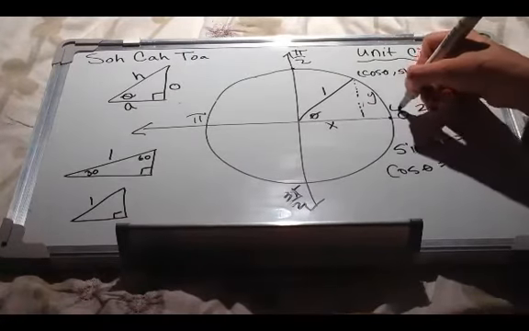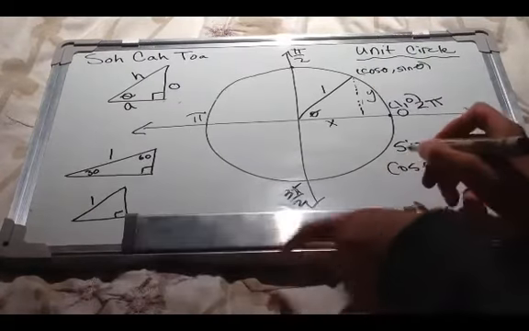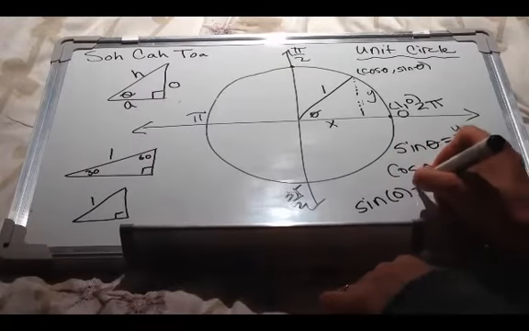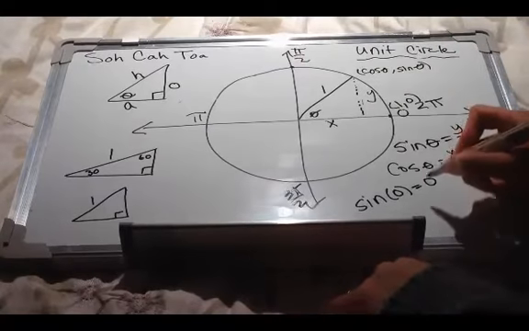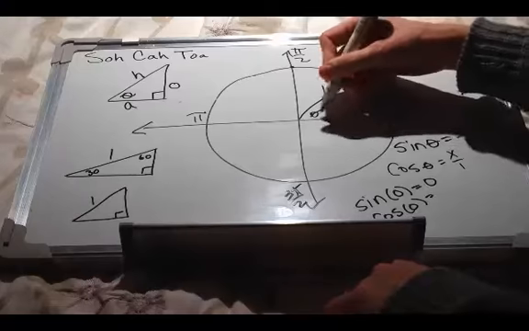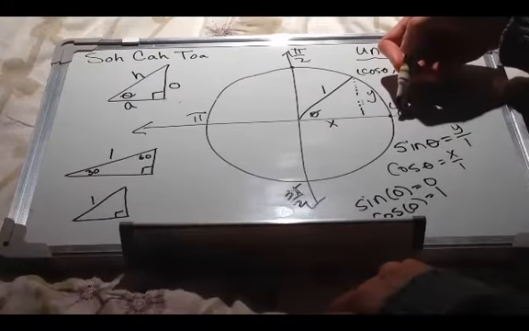So this is the ordered pair 1 comma 0. What that tells me is, if I want sine of 0, I get 0 because y is 0. And cosine of 0 is 1 because I'm right here on the unit circle.